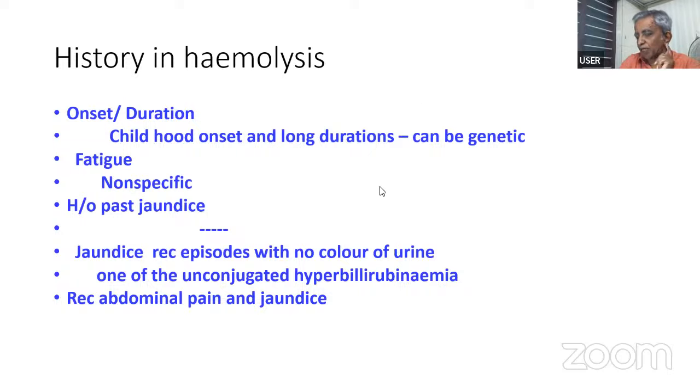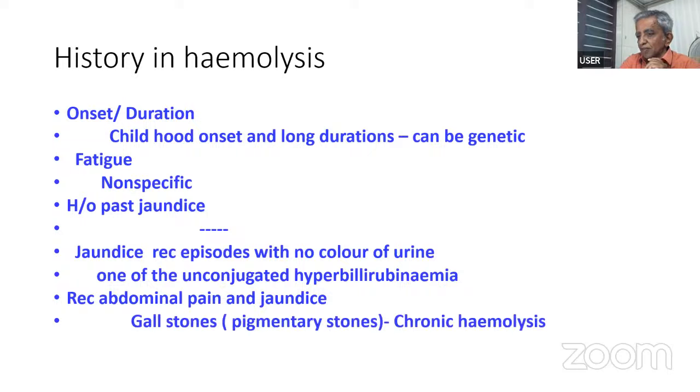Therefore, somebody comes with abdominal pain and there is evidence of hemolysis, always consider the possibility, apart from sickle cell, of gallstones. Patients with a chronic hemolysis like thalassemia, spherocytosis, sickle cell, they come to you with a gallstone, and gallstone can produce obstructive jaundice.